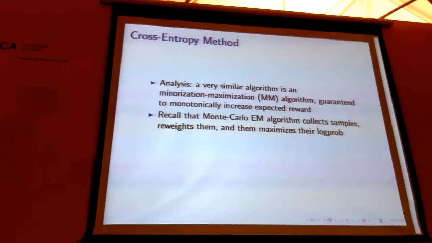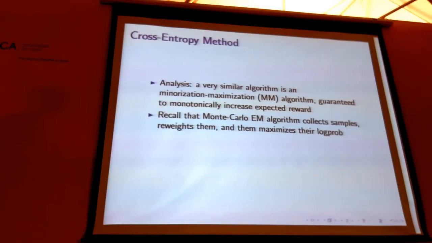I won't go into details here because it would require a long tangent, but if you're familiar with the Monte Carlo EM algorithm, recall that it collects a bunch of samples and then reweights them to get a distribution over your latent variables, and then you maximize the likelihood of those samples.